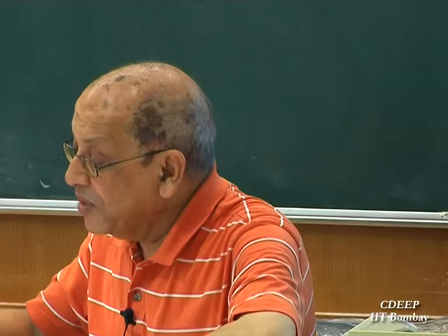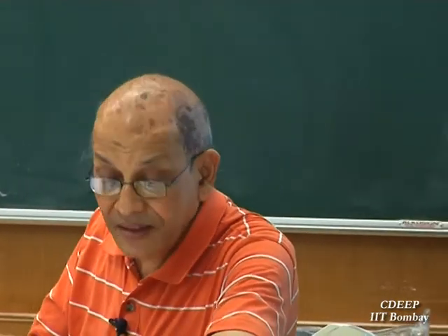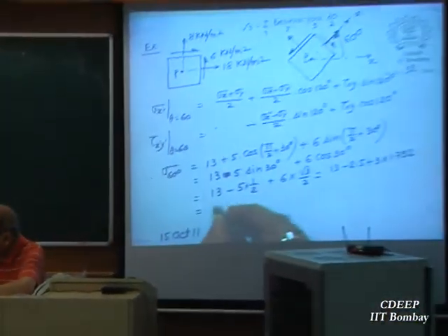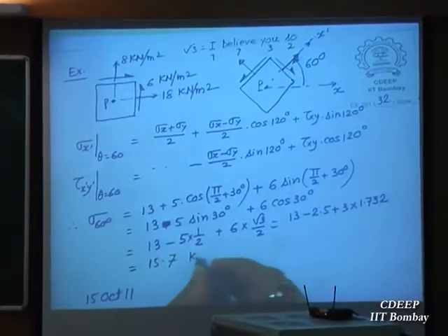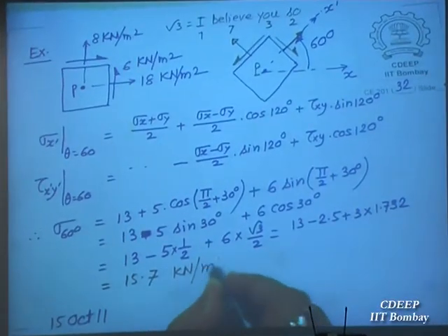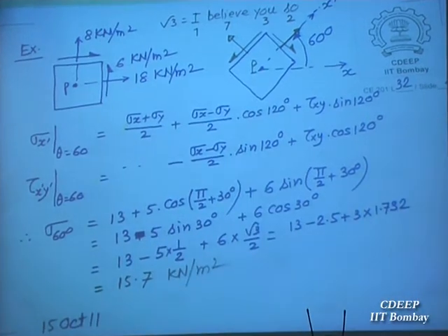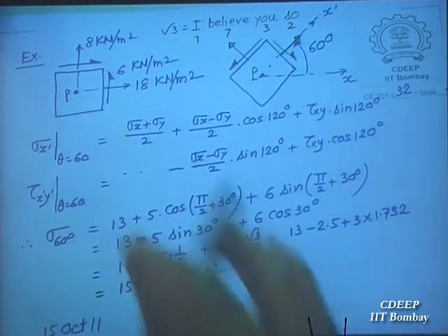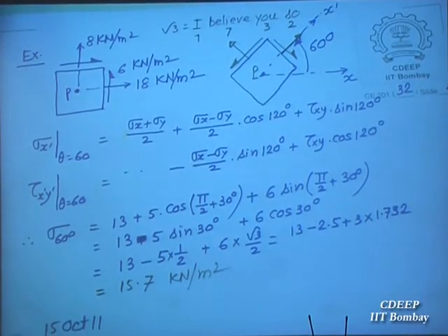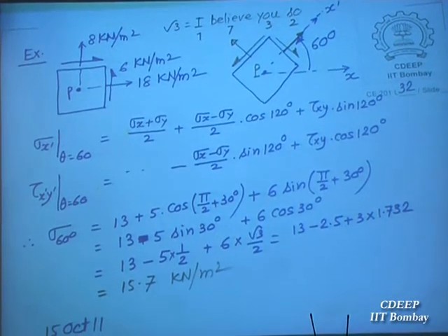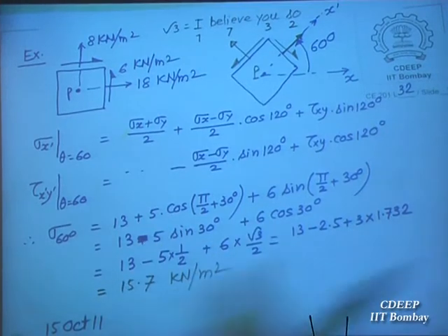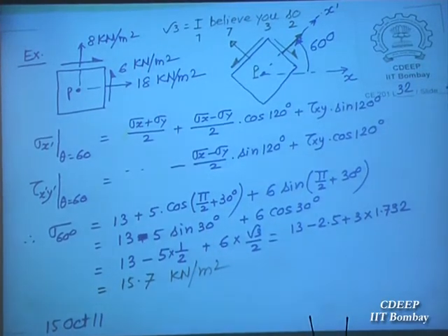Anyway, how much is this? It is 15.7, so it is 15.7 kilonewton. Now, this simple calculation has to be done in your notebook. It's just substitution and calculation, and if you make a mistake here, then you are not an engineer.